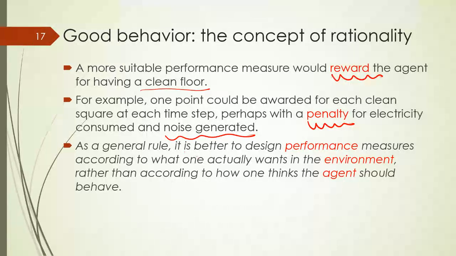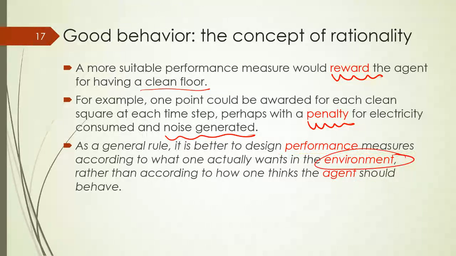As a general rule, it is better to design performance measurements according to what one actually wants in the environment, rather than according to how one thinks the agent should behave. So for performance, as a general rule, it's better to focus on the environment.